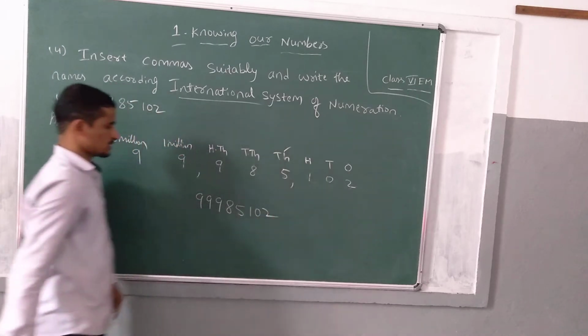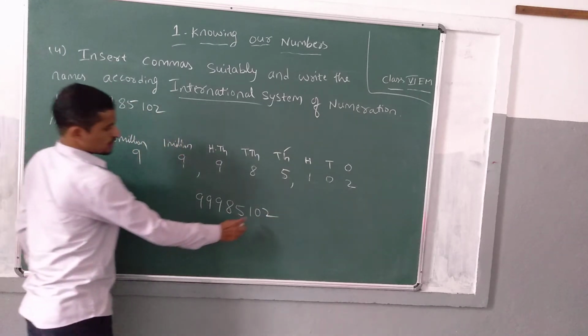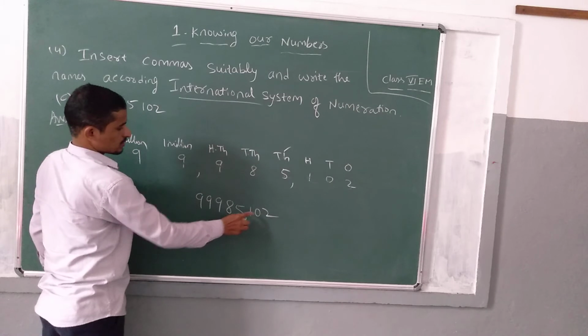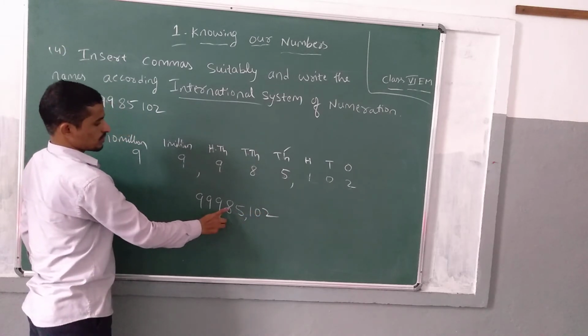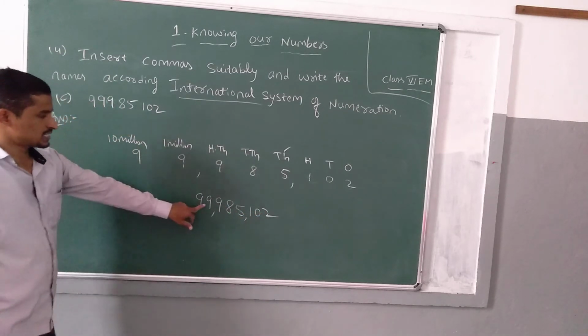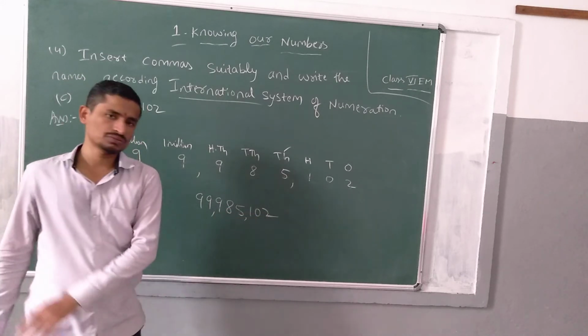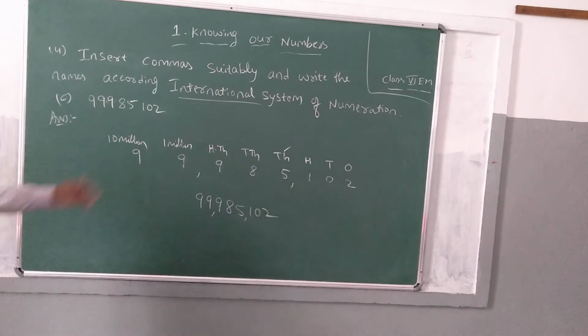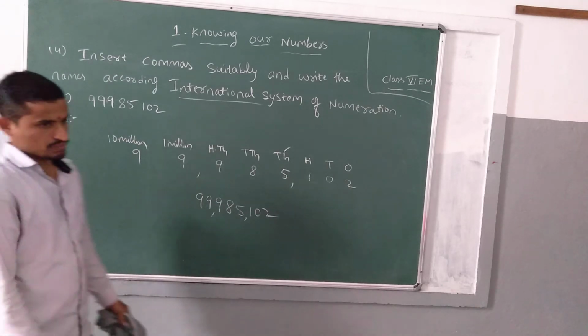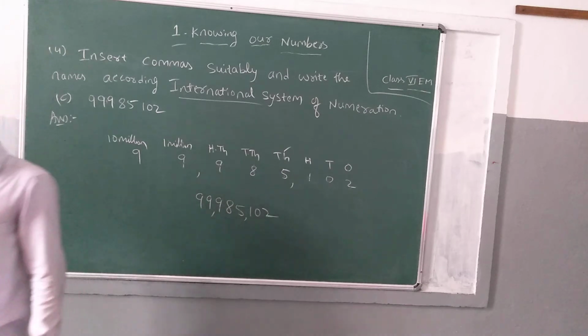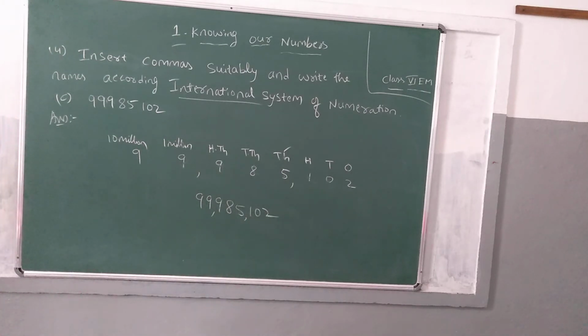Put the commas according to the international system: 1, 2, 3 comma, 1, 2, 3 comma. So this is 99,985,102. This is the way of writing the international system of numeration. Okay, so the next is homework for you.